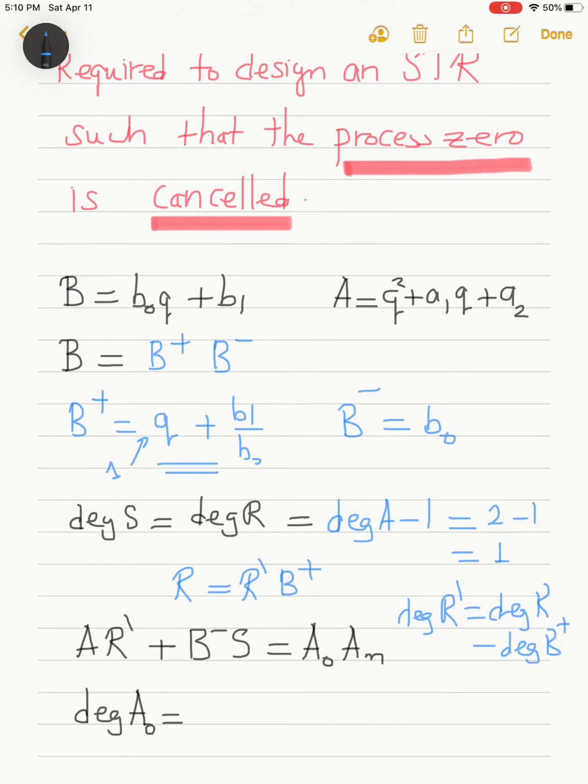Now we know that the degree of R is 1, the degree of B plus is 1, so that means that the degree of R' will be equal to 0. The degree of A0 should be equal to the degree of A plus the degree of R' minus the degree of Am.